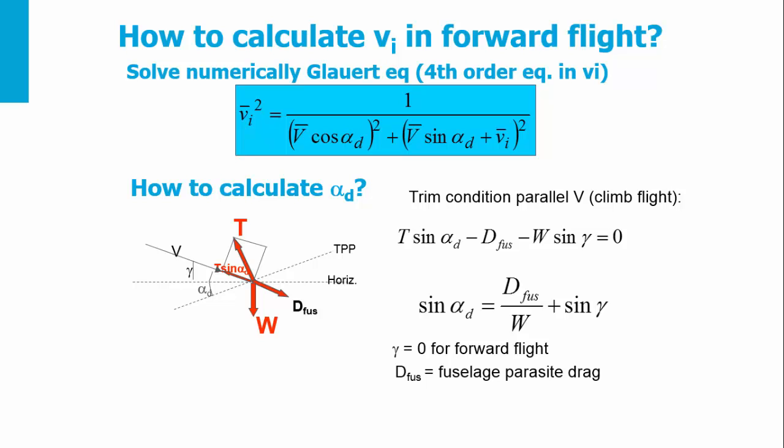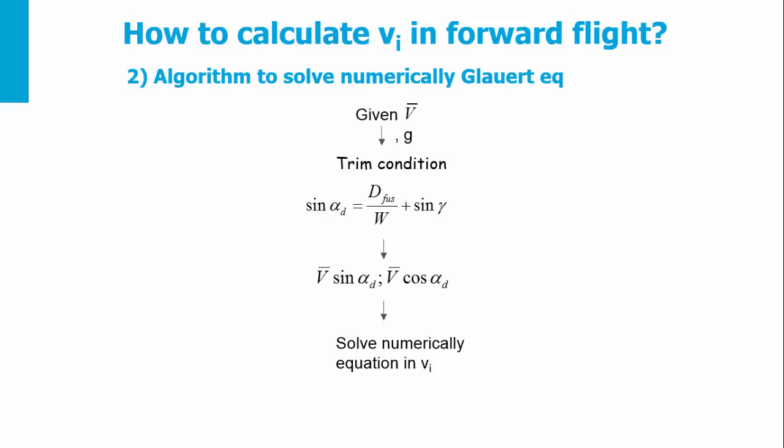Flight path angle in horizontal flight is 0, and the sine then is 0. Therefore, how to solve numerically the Glauert equation and obtain the induced velocity? We start from knowing the forward velocity.